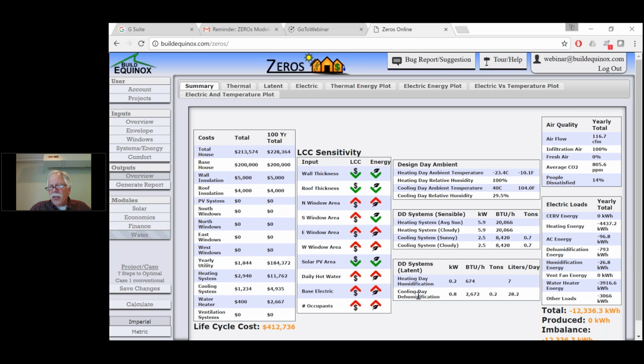And then over on the latent side, this house, based on its infiltration, and then the human moisture load is also part of this. It's saying that this house during the winter, with the humidity levels we've chosen, really doesn't have any humidification needed. Very little energy impact as far as humidifying or vaporizing water.